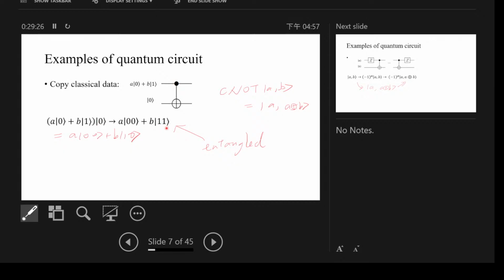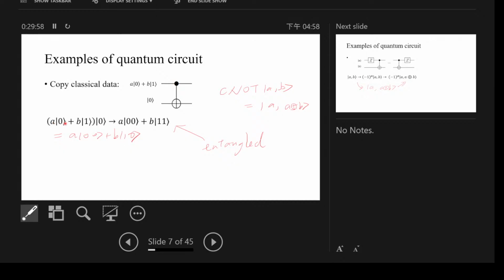Okay. And so first, we have the input A0 plus B1 tensor 0, and let's write this input out as a summation of two computational basis terms.